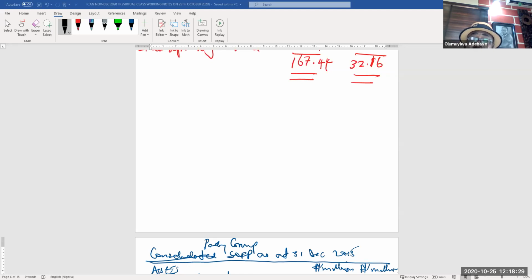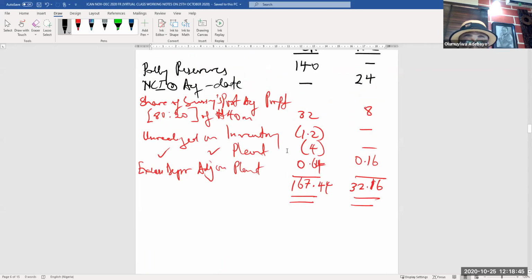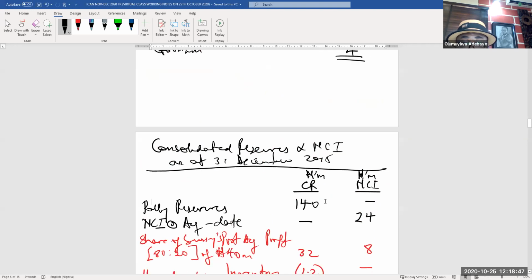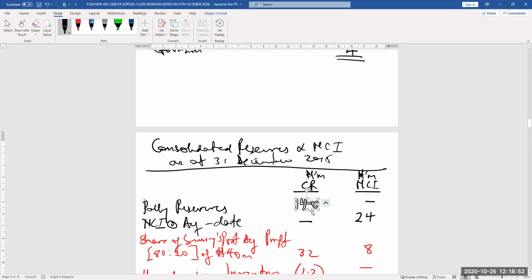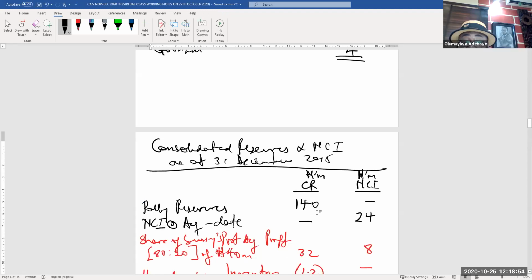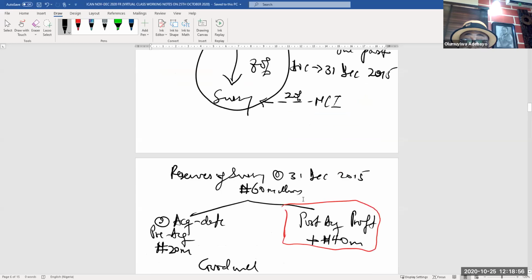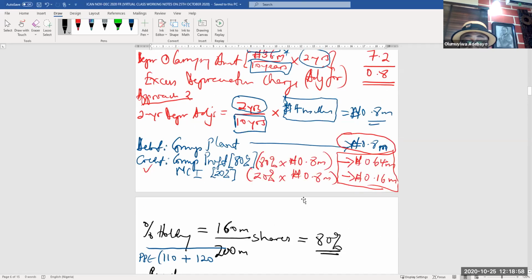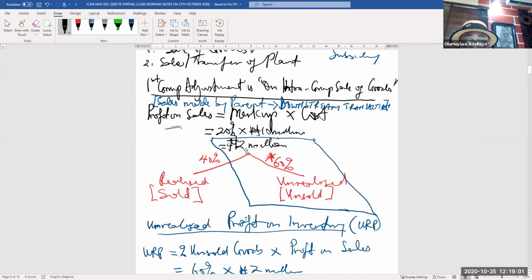Remember, the parent that made that profit had already added that profit to, okay, let me show you something so that I can see it clearly. Look at it. This 140 million, can you see this 140 million? Yes, sir. This 140 million of the parent already included the following profits. It included this 2 million naira you are seeing.